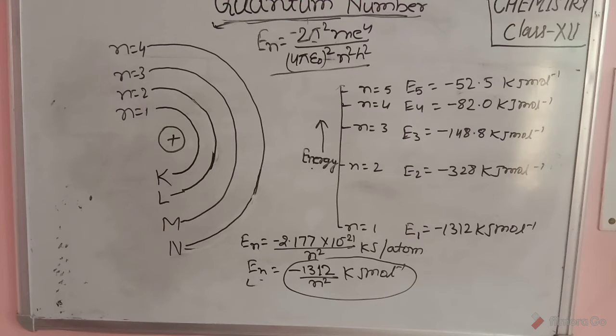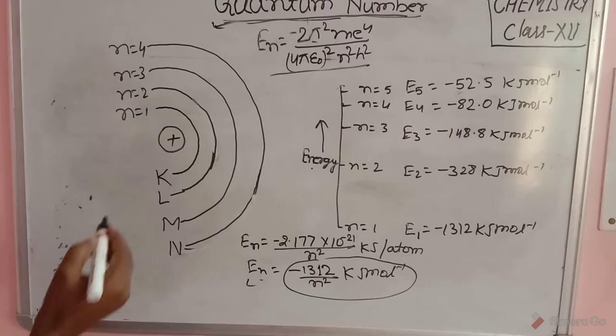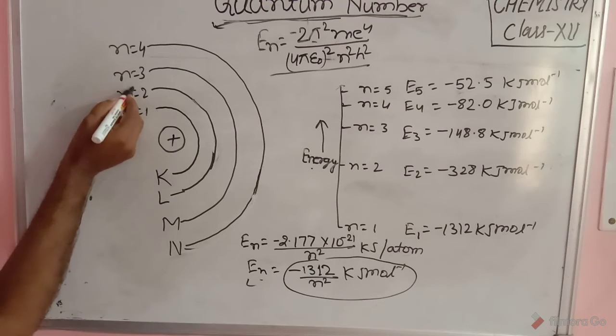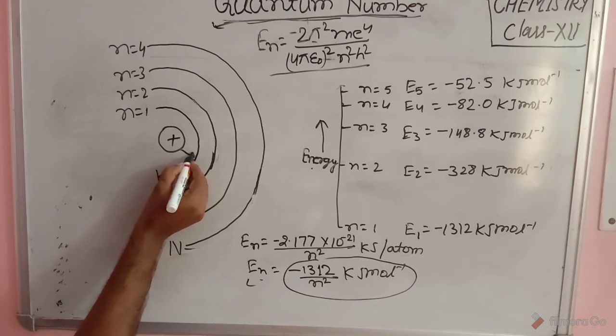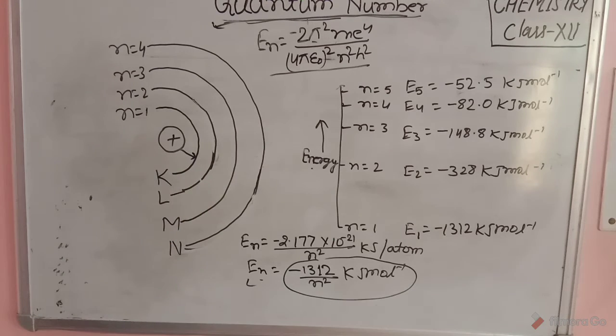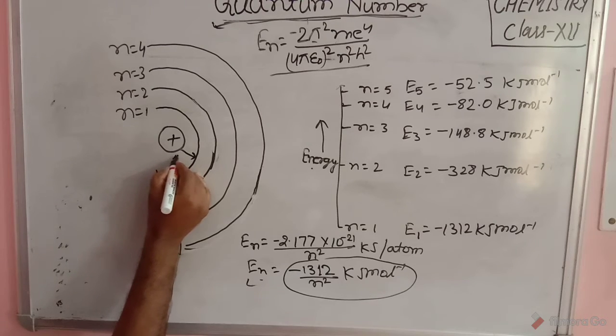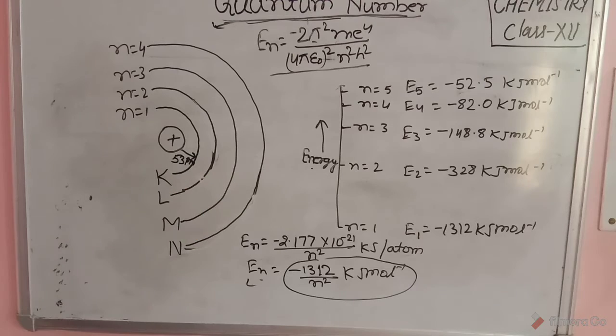So whenever you are calculating the energy level of each shell, that is K shell, L shell, M shell and N shell. Here you can see this is the first shell, second, third and fourth, and then the nucleus. The electron residing in the first shell, that is K shell, is at 53 pm, meaning the electrons revolve around the nucleus in the first shell at that distance.